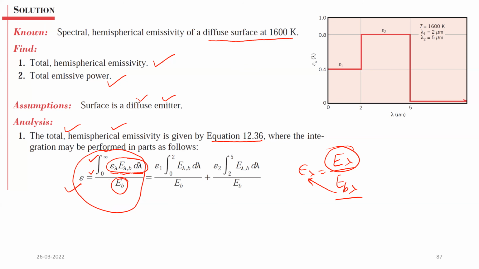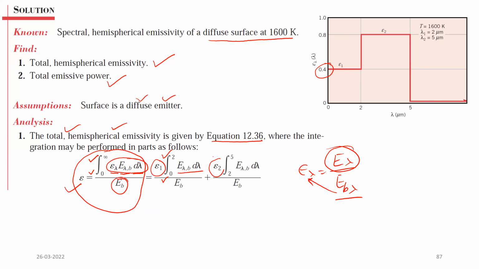As we have already said that epsilon is not a function of direction, we can integrate it in parts. First of all, we can take the range of lambda from 0 to 2 with epsilon 1 taking outside the integration sign because the value is constant for this range, and inside the integral we have E lambda b d lambda divided by E b.